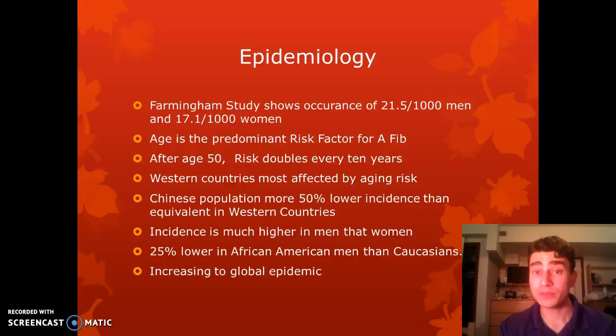We find that the Chinese population has a much lower risk of having AFib, as well as looking at African Americans compared to Caucasians of the same age in the same group. We see that they have a 25% less risk of having AFib. And we do also see that this is growing globally.